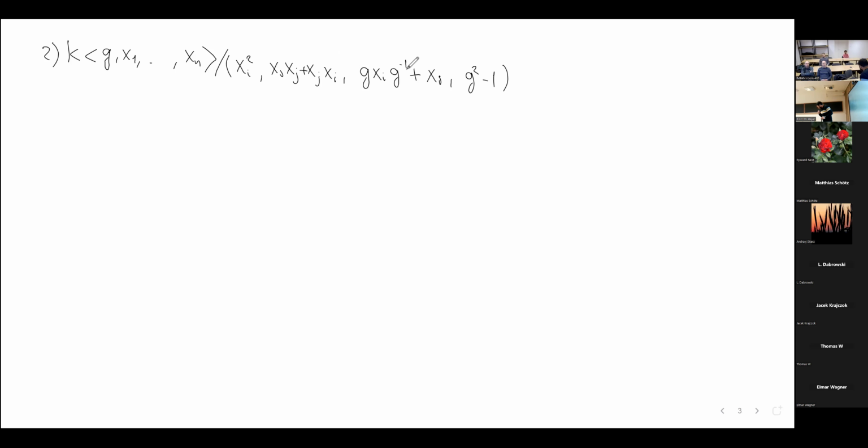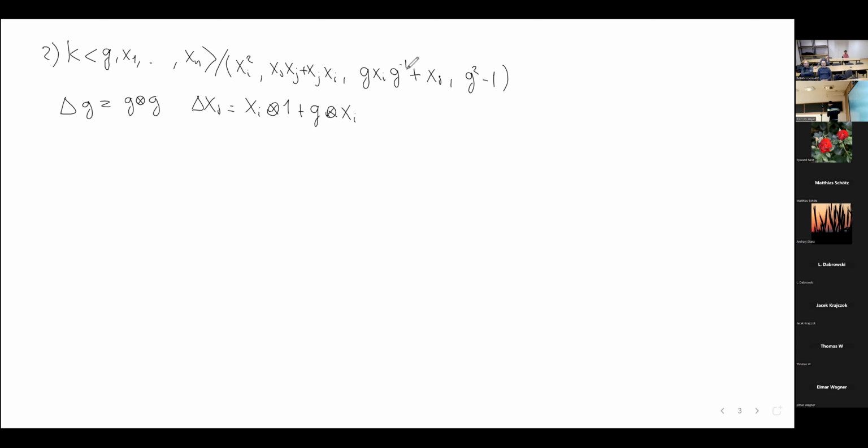Okay, this again has a very similar flavor in how the co-multiplication looks. I just have that delta of G is equal to G tensor G, and delta of xi is xi tensor 1 plus G tensor xi.